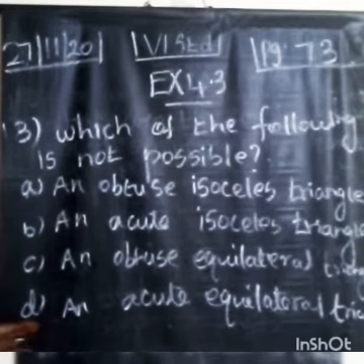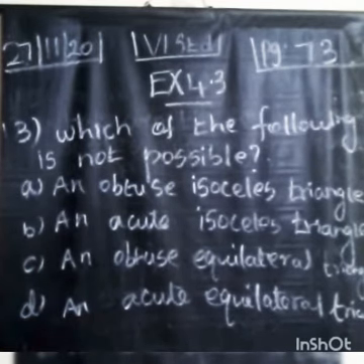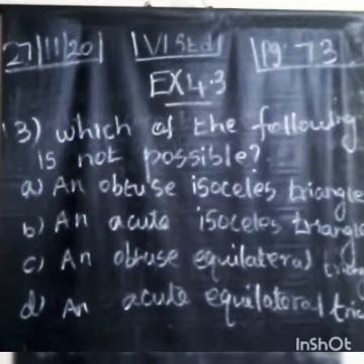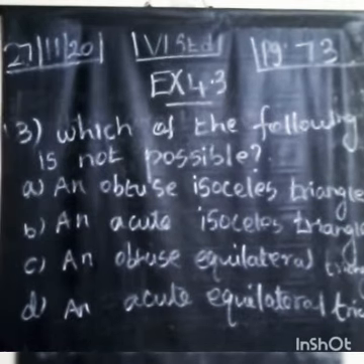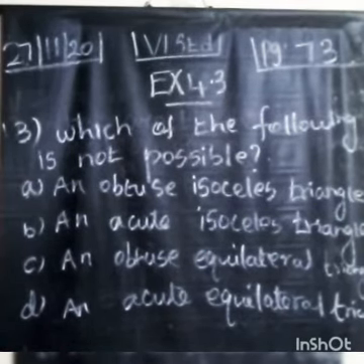And D, an acute equilateral triangle. We already know about acute, obtuse, equilateral and isosceles triangles. Which one is not possible?